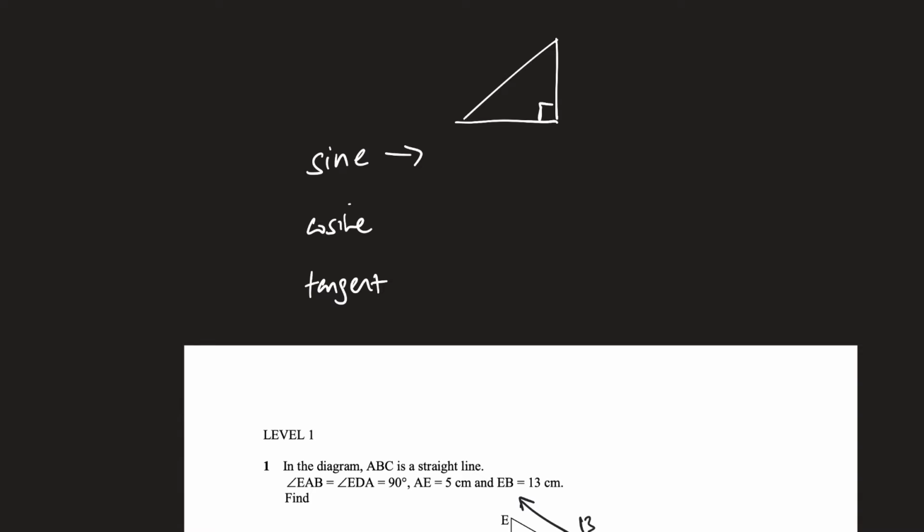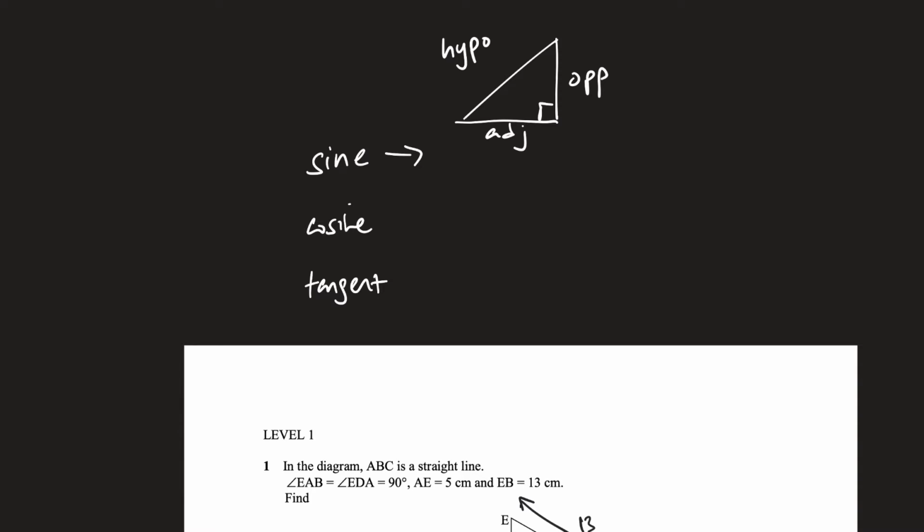The longest side is always the hypotenuse. The side that is opposite the angle, we call the opposite side. And the side that is next to the angle, below the hypotenuse, we call the adjacent side.